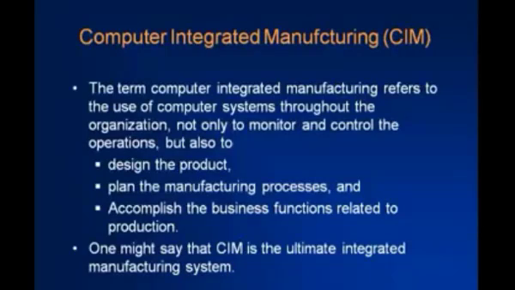Computer integrated manufacturing is the term used for the use of computer systems throughout the organization, not only to monitor and control, but also to design the product, plan the manufacturing process, and perform the business functions in the production systems.